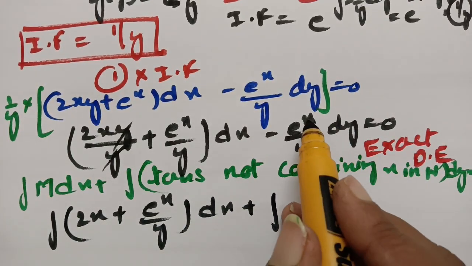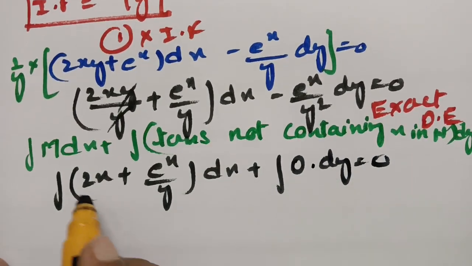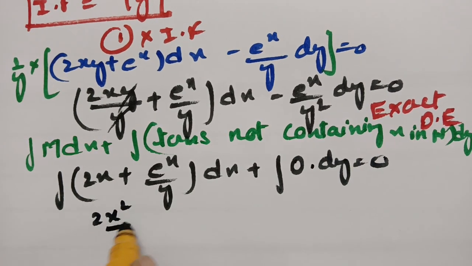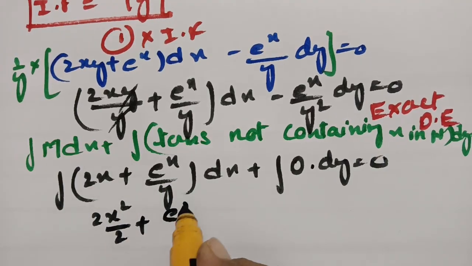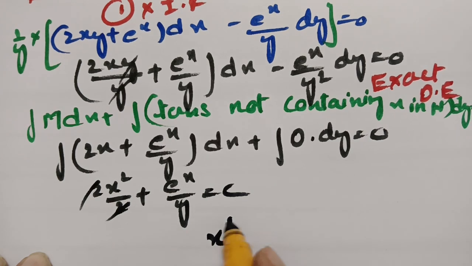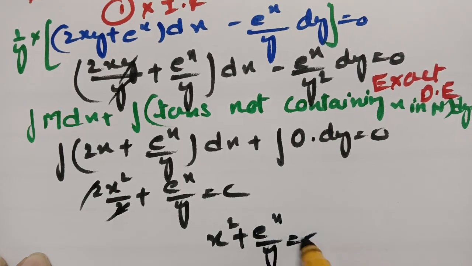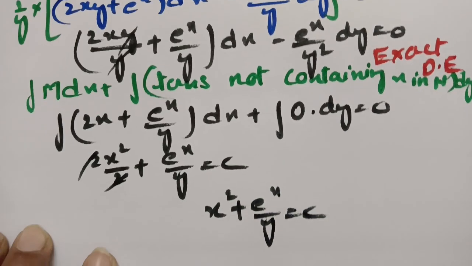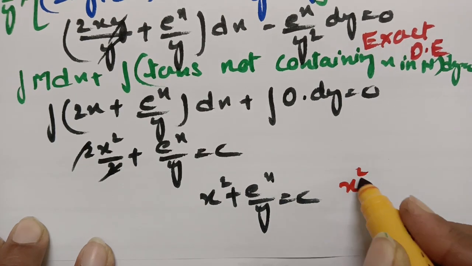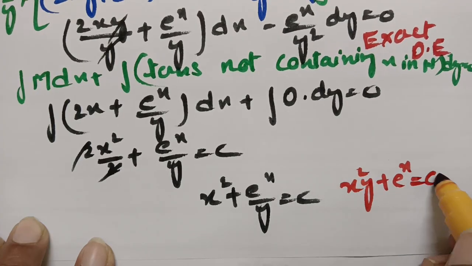There is a single term, and it contains x, so there are no terms not containing x. Integrating with respect to x, we get 2·x²/2 plus e^x/y, which is equal to c. Cancelling the 2s, the value here is x² + e^x/y = c. Now taking y as the LCM, this becomes x²y + e^x = cy.